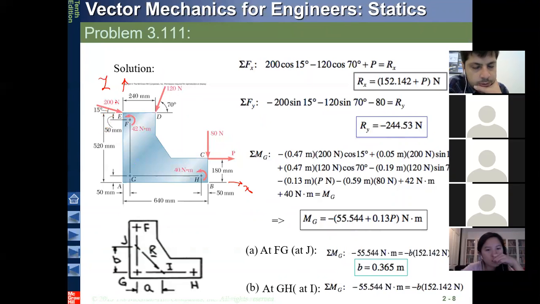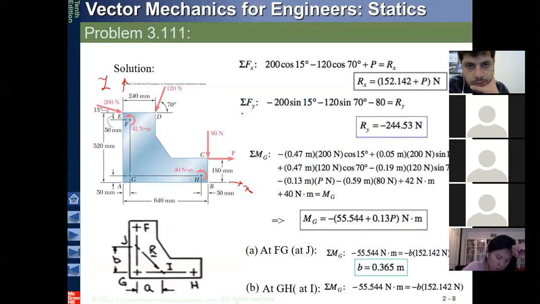So you're going to have 200 cosine of 15. And for this force you have minus 120 cosine of 70, because it is in the negative x direction. Plus p, where p is 0, but it is still kept in here. So the resultant of force in x direction would be 152 Newton.